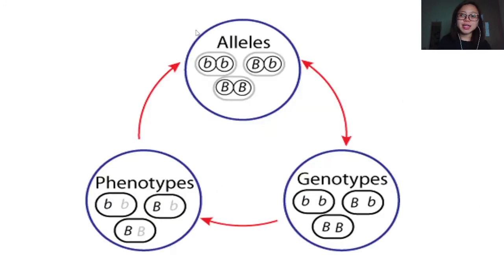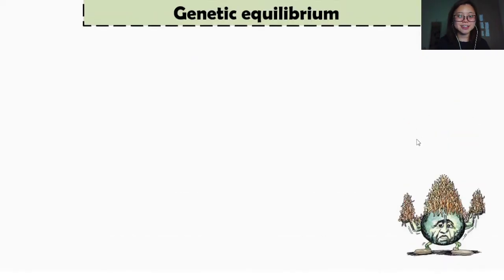You can use the allele frequency to find the genotype frequency and also to find the phenotype frequency. One type of frequency can be used to find the others. You'll be able to see this more clearly when you try the exercises later.